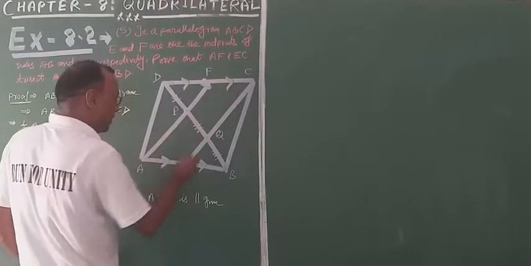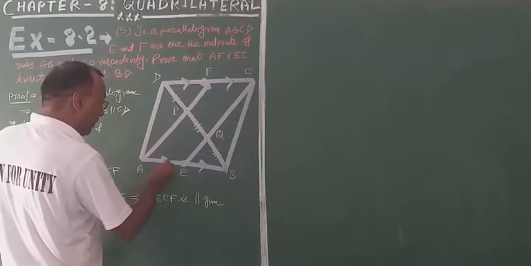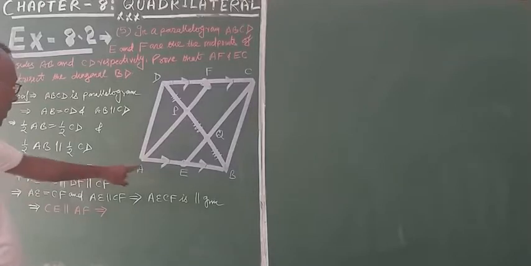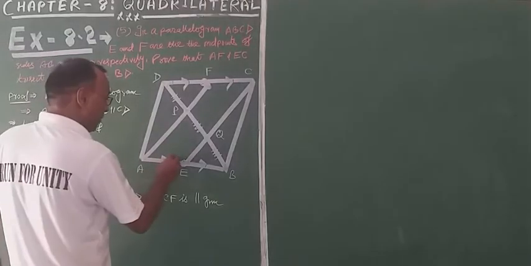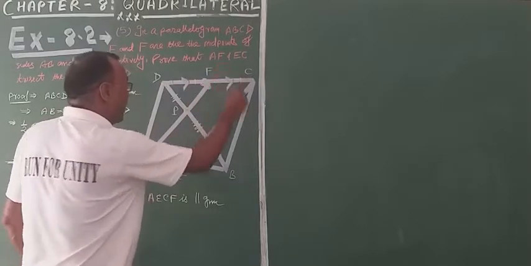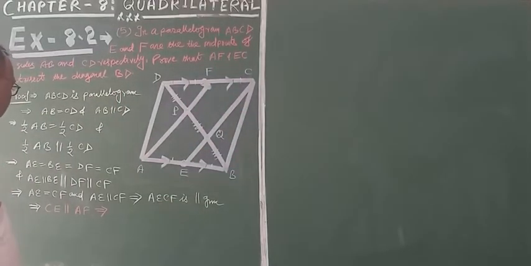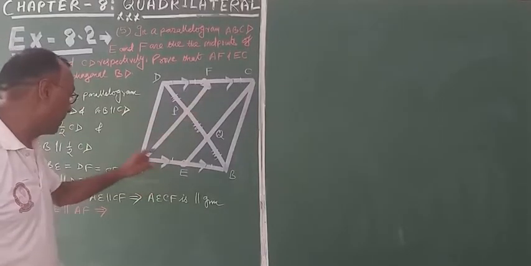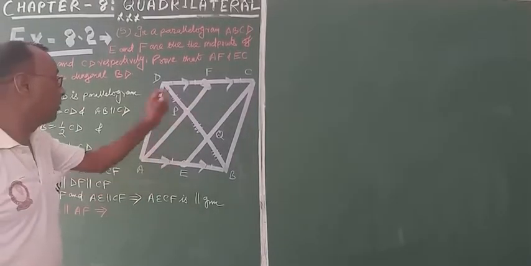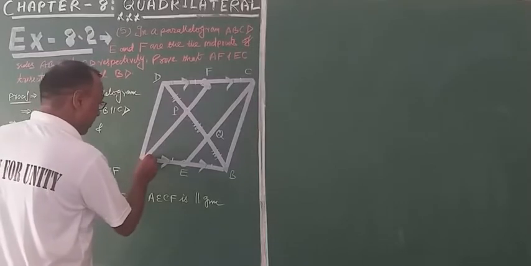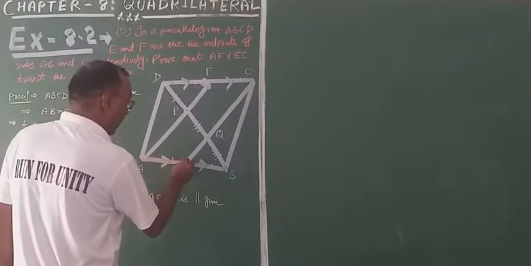Since these are parallel and these parts are equal, finally we have AE parallel to CF and AE equal to CF. Therefore AECF is a parallelogram.